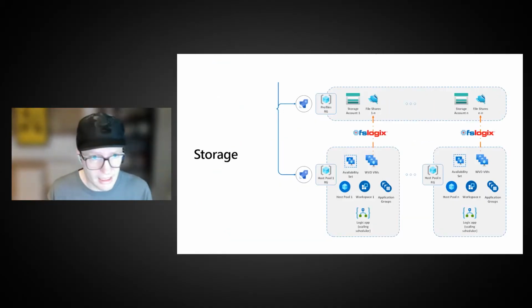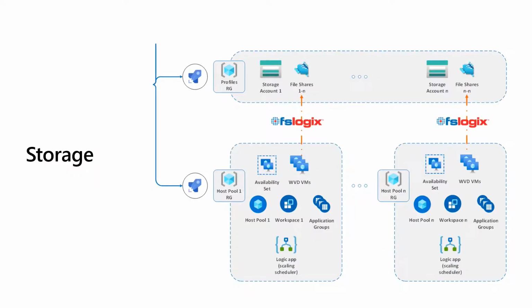If you are trying to do WVD at scale, then splitting out the profile and the Office 365 caches is a good idea, because then you're not backing up huge amounts of cache data and trying to replicate it to different locations. Now then, again, another consideration for scale.